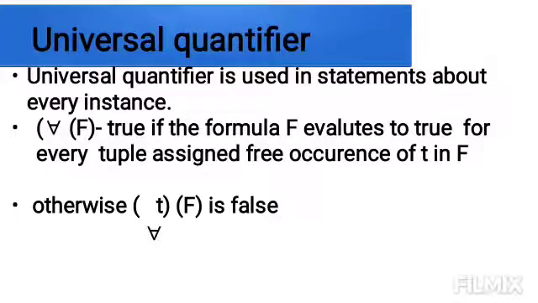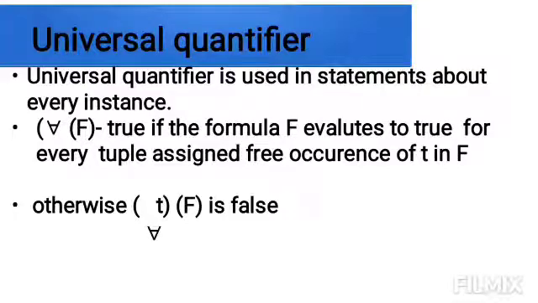The formula F evaluates to true for every tuple assigned to free occurrence of T in F. Otherwise, it is false. For the universal quantifier, the tuple variable T ranges over all possible tuples. These are the tuple relational calculus.